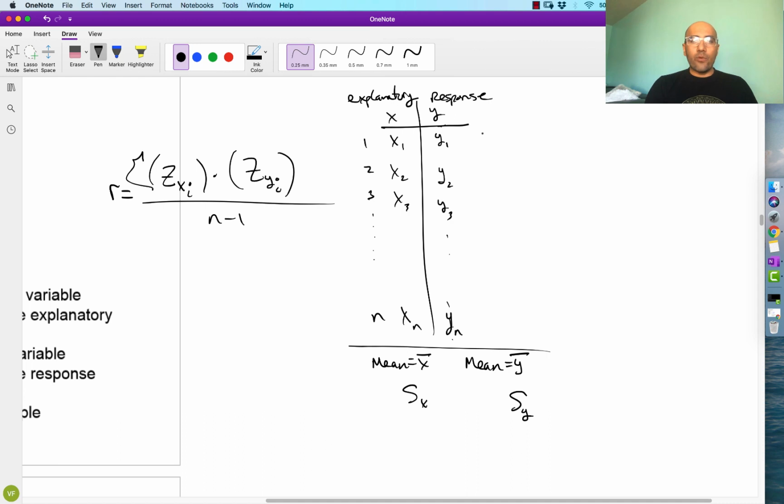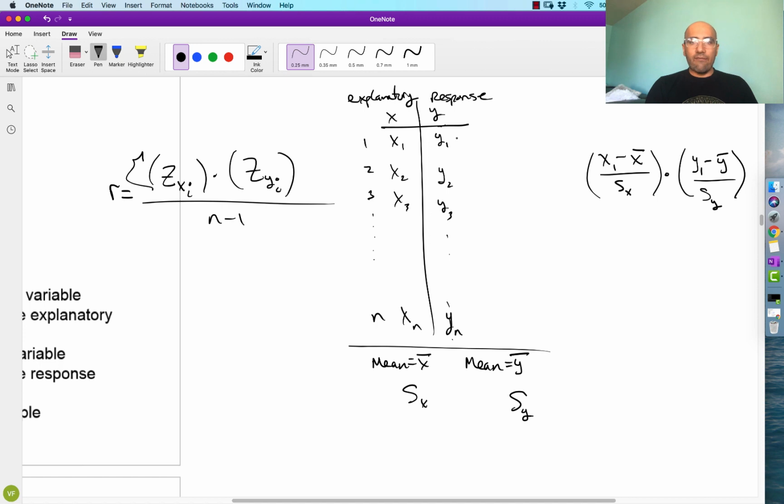So now if we take the individual point, x1 minus x bar all over s sub x, that's the z-score associated with x sub 1. Good. So we find that z-score, and then we multiply it by the z-score associated with y sub 1 on that list. So it's y sub 1 minus y bar all over s sub y.